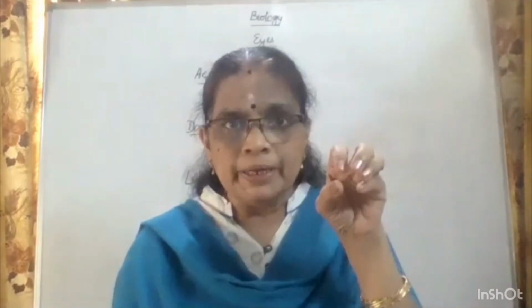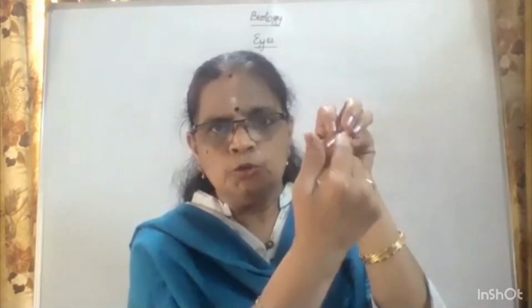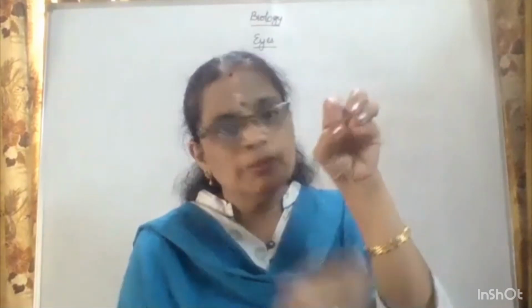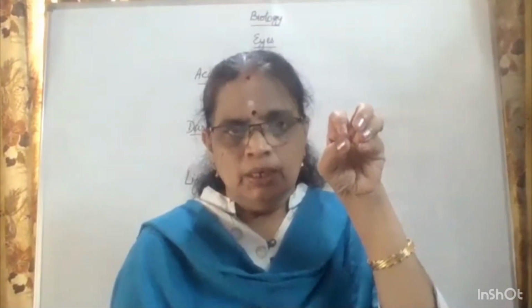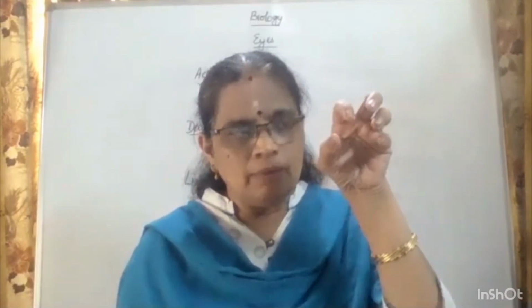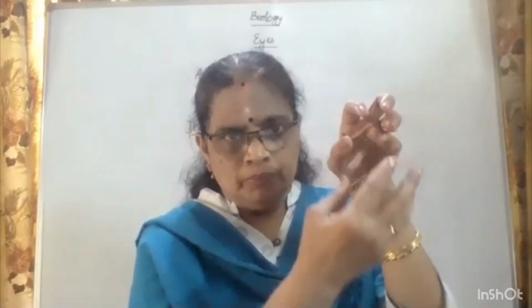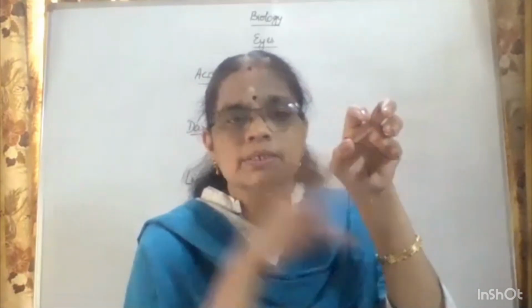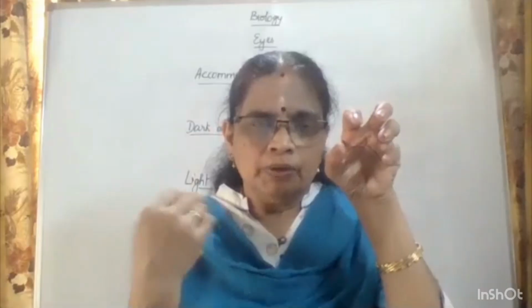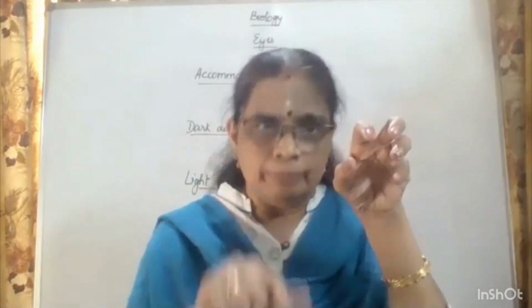When I'm seeing bright objects, the iris is like this, allowing less light into the pupil. So the pupil is very small in bright light. But when I enter the dark room, my iris muscles expand, the pupil widens, allowing more light to go in. So how to see? The rods are helping to see.